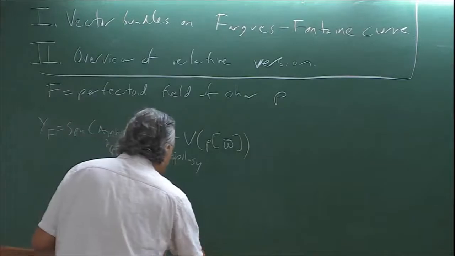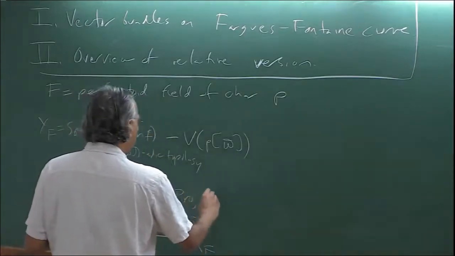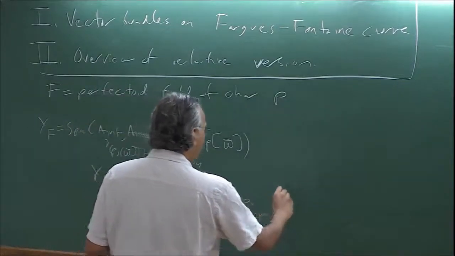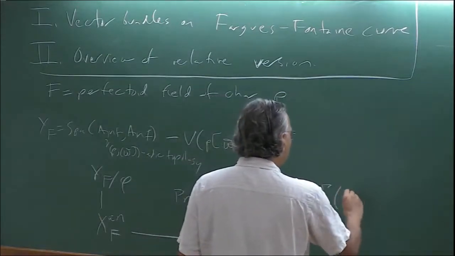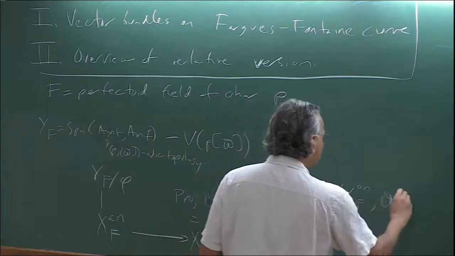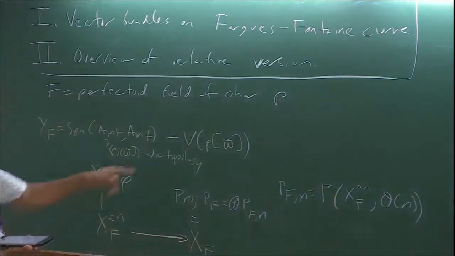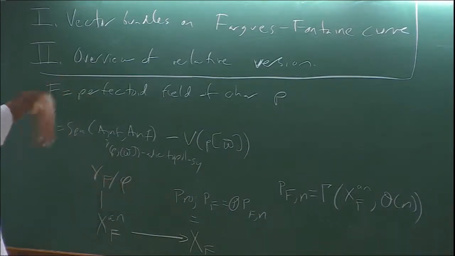And then I defined a schematic construction, which was the Proj of the graded ring P_F, where the nth graded component was the sections of this vector bundle O(n), this line bundle that I defined on X_F^N. O(n) was defined by taking the trivial bundle up here and giving it the φ action where that carries some generator to p to the minus n times itself.